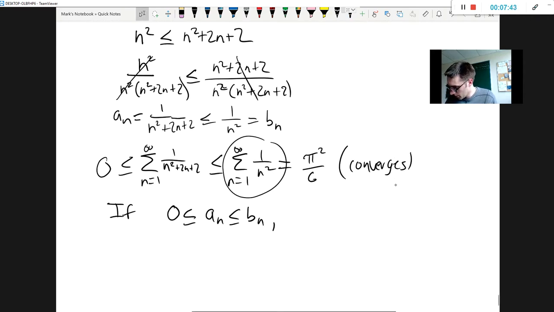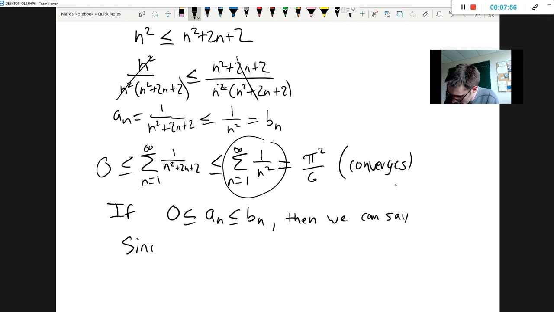So if the terms are positive, and AN is less than or equal to BN, then we can say, since BN converges, well, that means that the sum of the ANs is a monotonic and bounded series, and therefore it must converge as well.